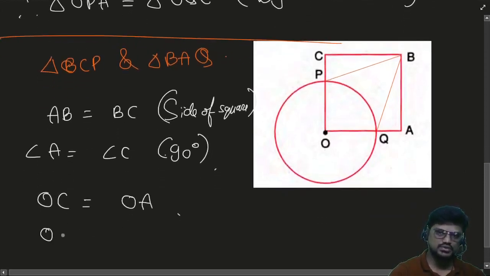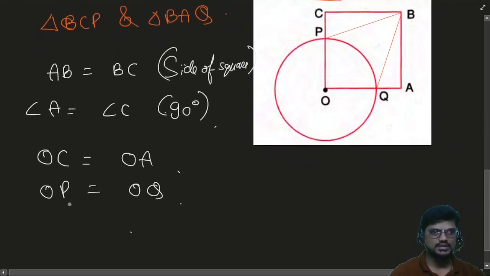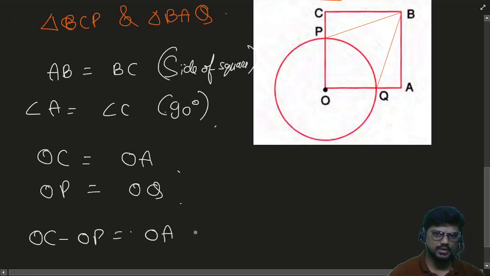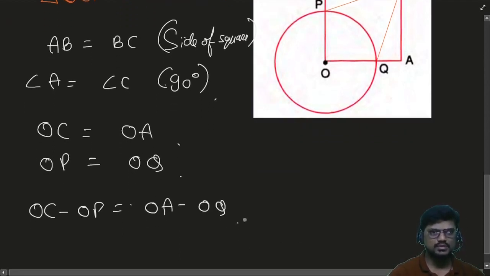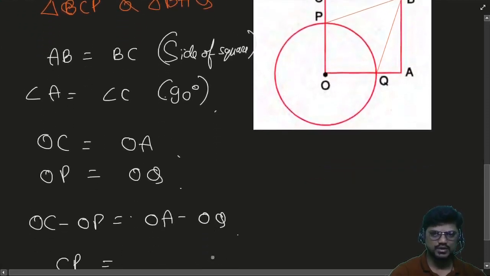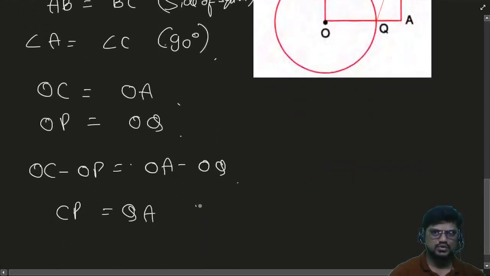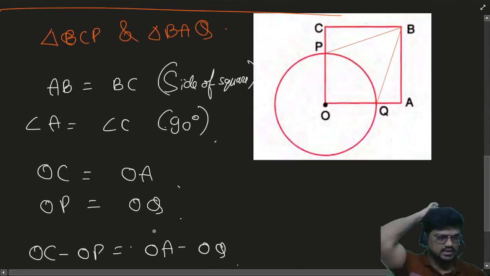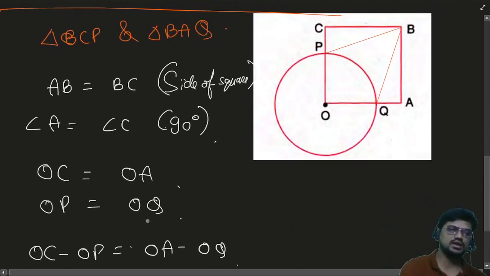If I subtract them, OC minus OP should be equal to OA minus OQ. Then CP is equal to AQ. So this is side angle side. By SAS test, you can say that the two triangles are congruent. Clear?